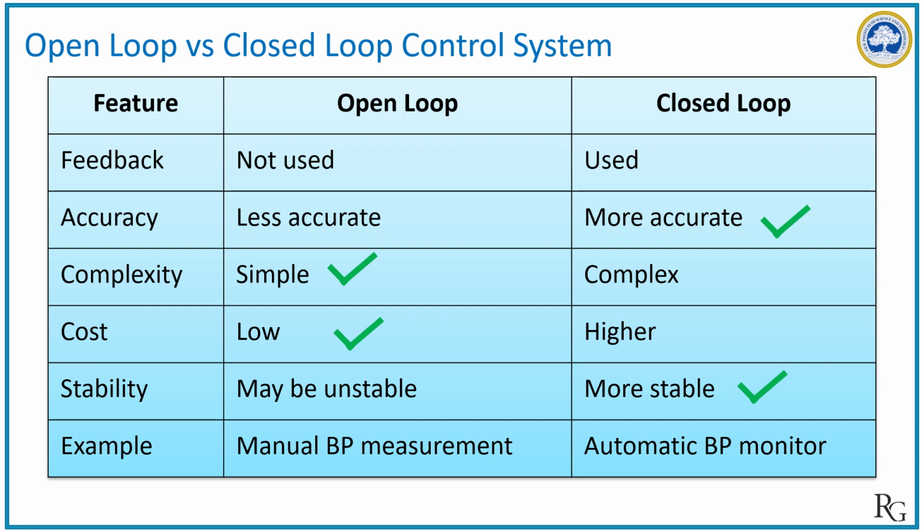For example, measuring blood pressure manually is an open loop system, whereas an automatic blood pressure monitoring system, which inflates, senses, and stops, is a closed loop system. And we know both the systems have their place depending upon the application. So we can't say that the open loop system is better than the closed loop system or vice versa. It all depends upon the application and the usability.